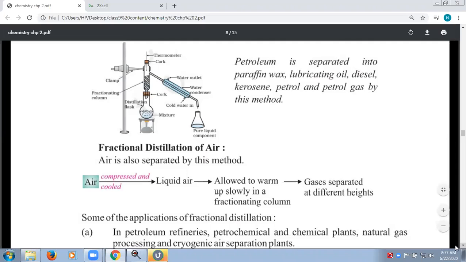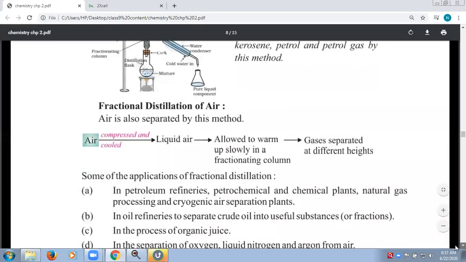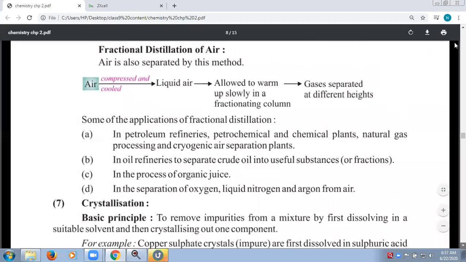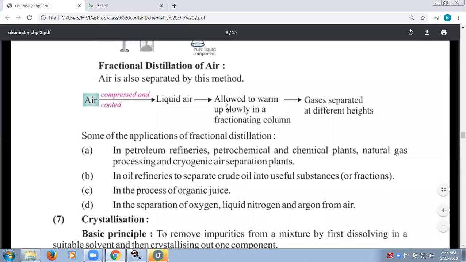The same way, if you remember, petroleum is separated into paraffin wax, lubricating oil, diesel, kerosene, and petroleum gas by the method.